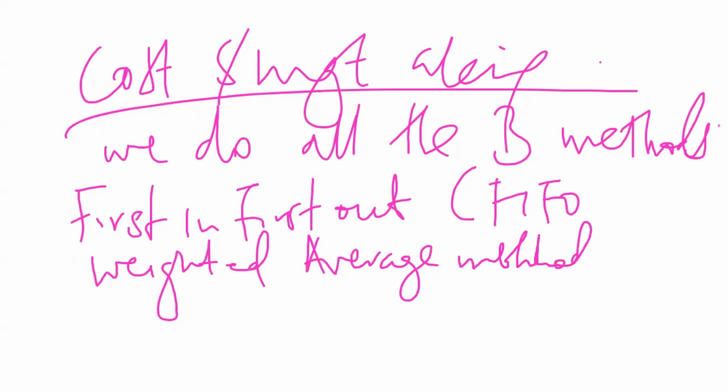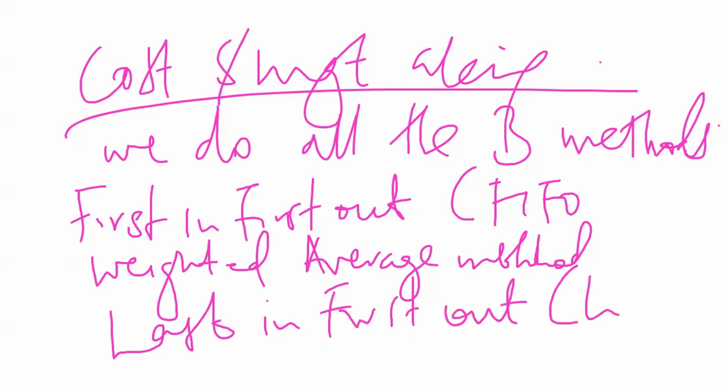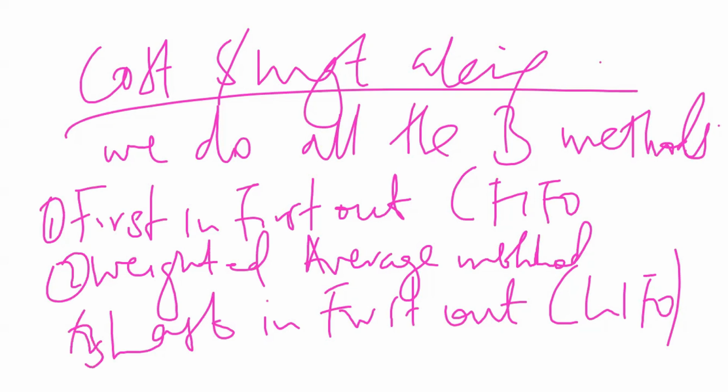Then lastly, we have LIFO, that is last in, first out. So those are the methods that we have. There are three, and we shall look at all of them.